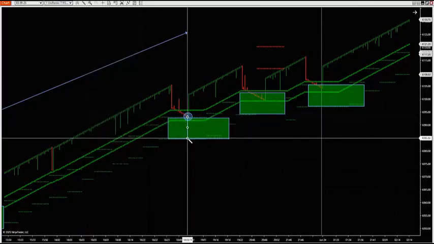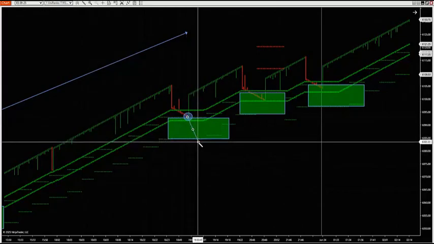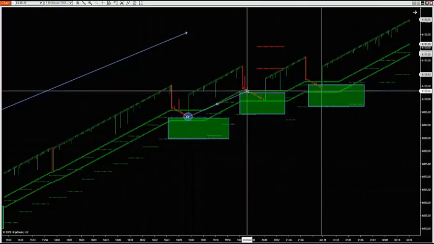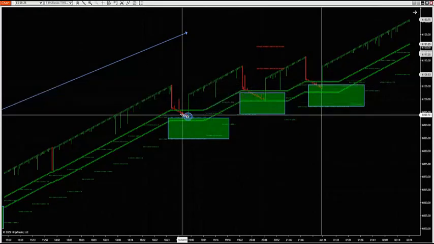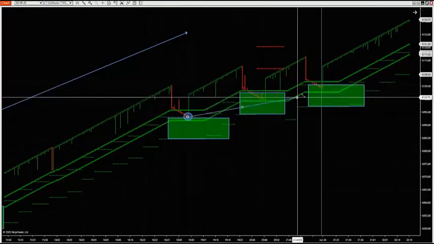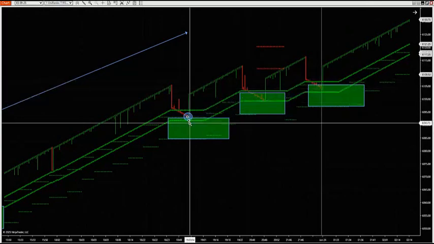It just cannot close below it. So you can't close by one candle below the zone or there's no trade. So you can see how we come down to these zones, you get inside of them. And then we get the reversal candle for the entry, comes inside the zone, reversal candle for the entry.